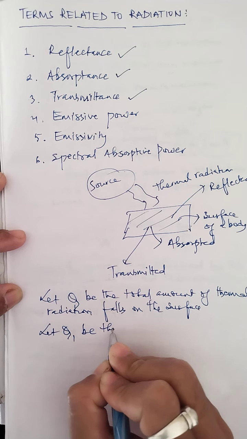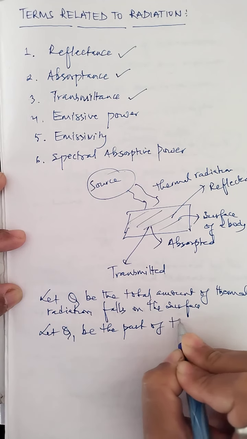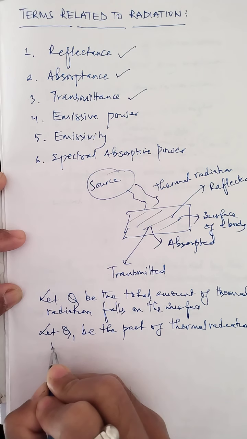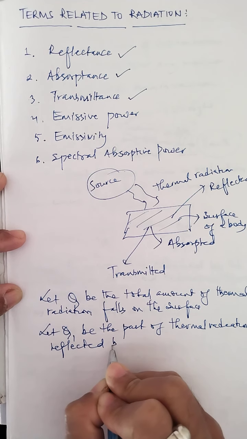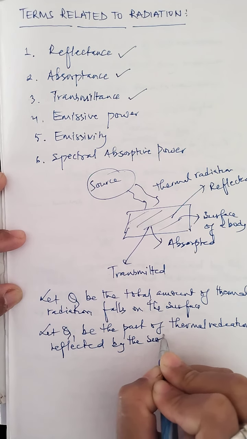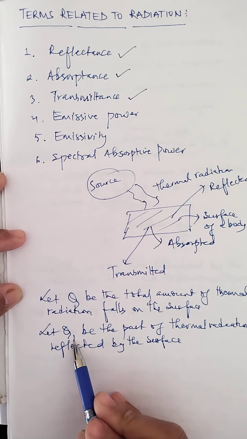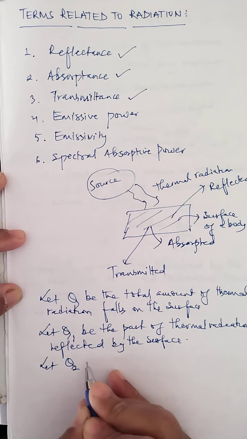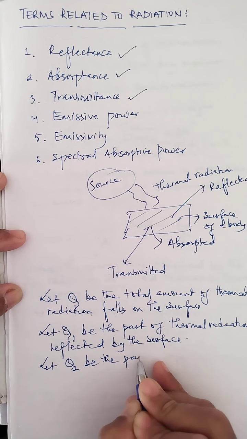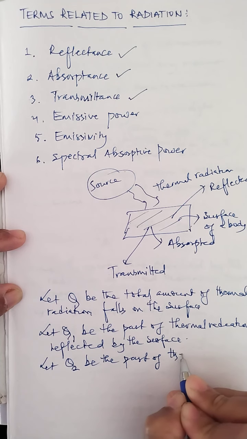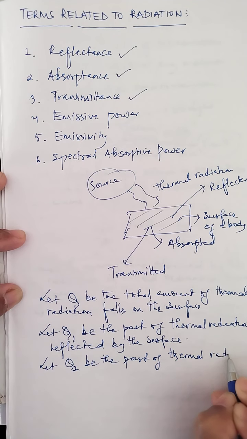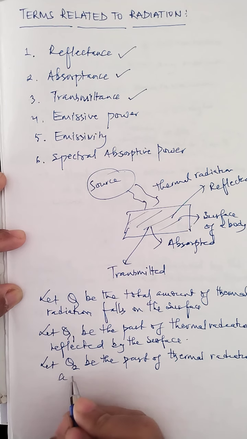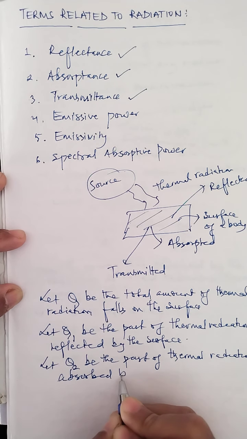That means the surface reflects this much part of the thermal radiation falling on it. Similarly, let Q2 be the part of thermal radiation that is absorbed by the surface.